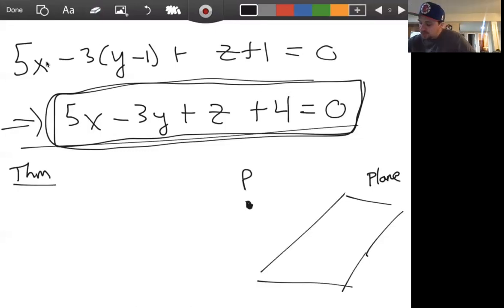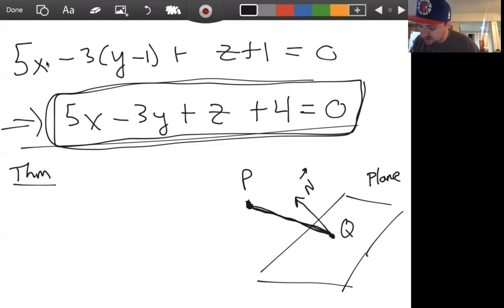Okay. And so from this plane, we have a normal vector, n, and let's say that the base of this normal vector is Q. And so what we want is the distance here, right? But we want vertical distance.